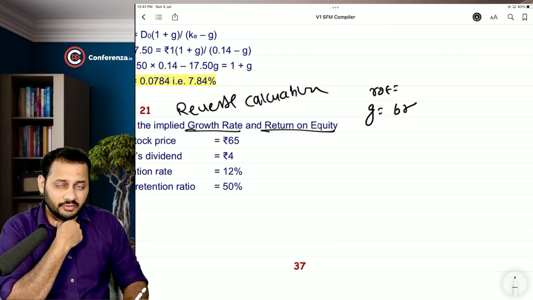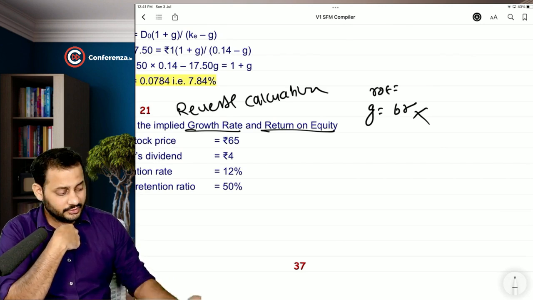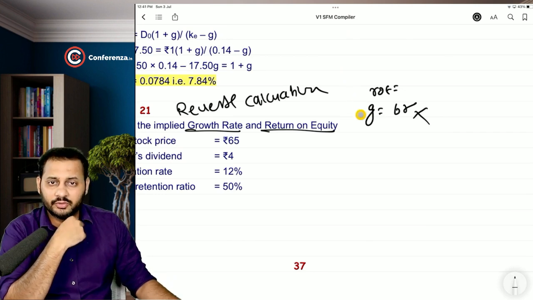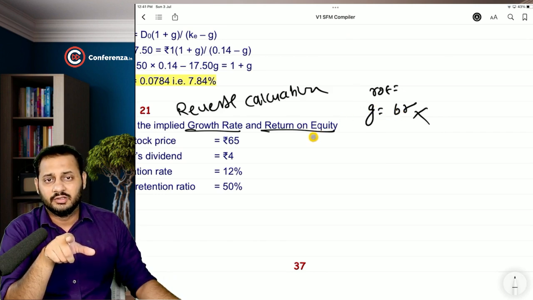So first of all, let me tell you, this formula is not going to work, because in order to calculate the growth rate, you need two things: retention ratio and return on equity. And the second part of the question itself is asking us to calculate the return on equity. So if we don't know return on equity, how can we calculate the growth?